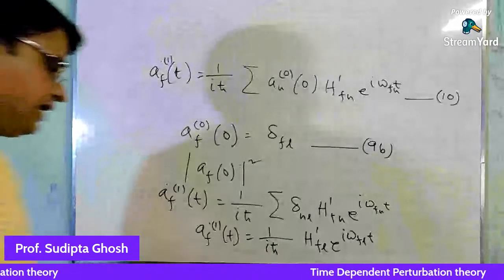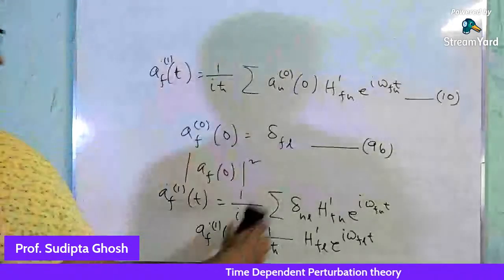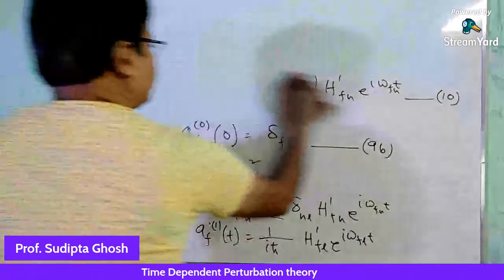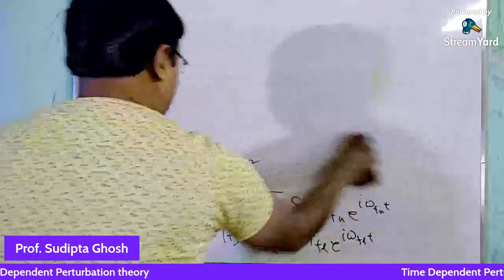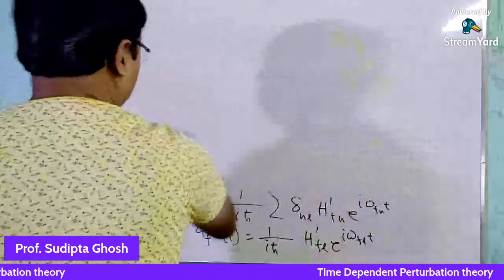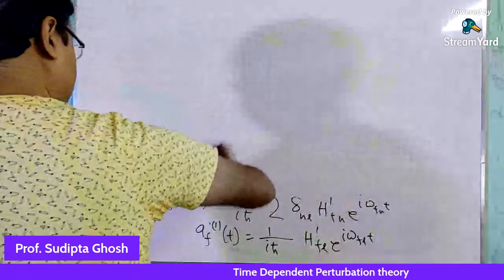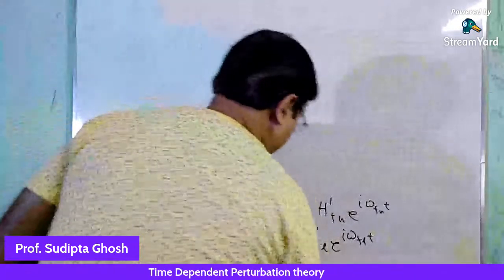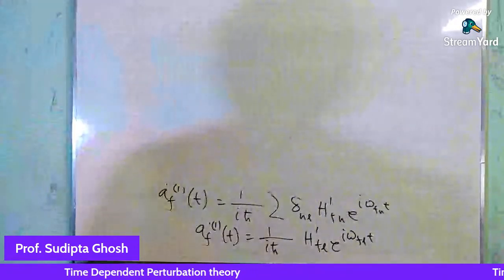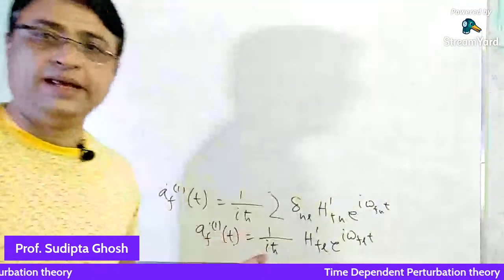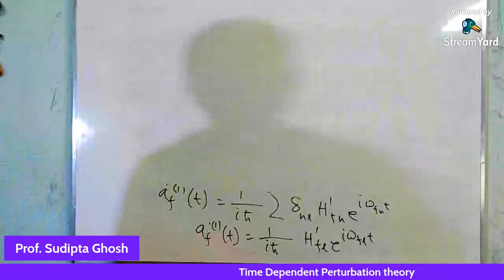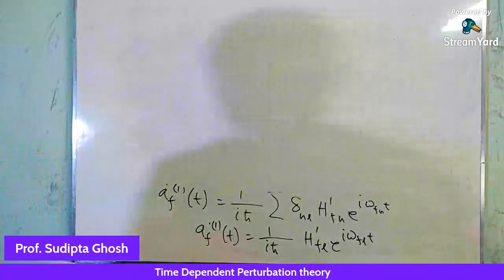Hence, after this, if we are going to find out the value of a_f1(t), because now we are actually finding the first order perturbation, from this equation a_f dot 1(t), we can easily find out the value of a_f1.